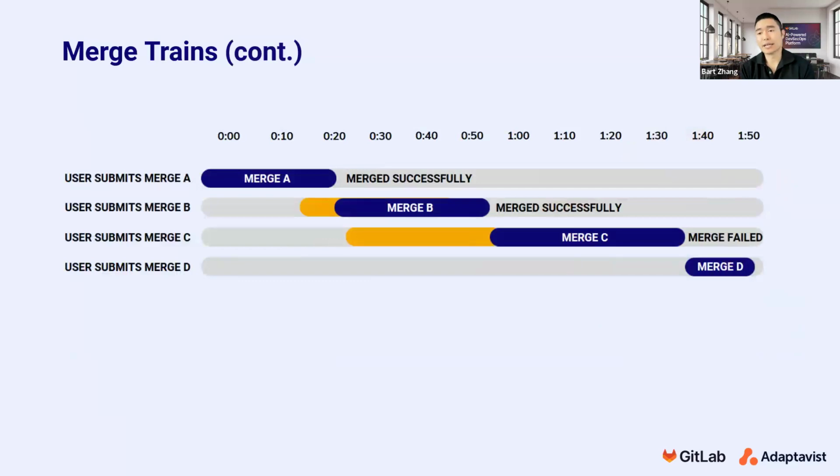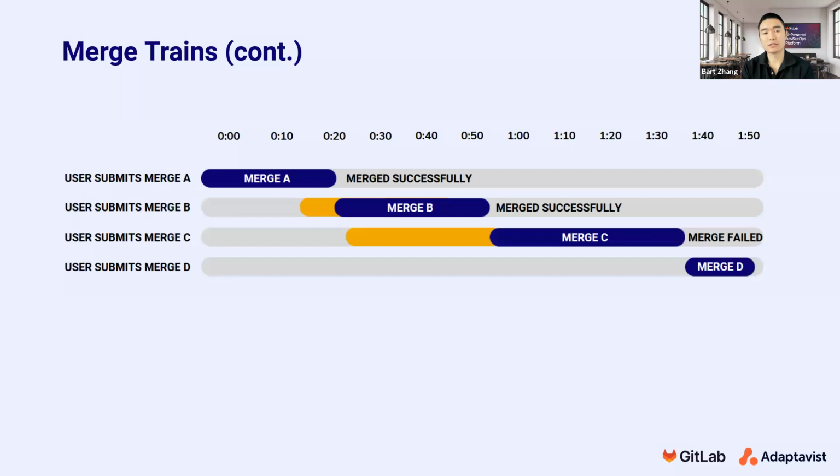So when you look at how pipelines would execute before introducing merge trains, you would see that there's a lot of lag time in which you would have to reinitiate pipelines because you're not testing the latest working copy of changes. So let's say you have a developer that submits merge A in this example and is able to merge it successfully.